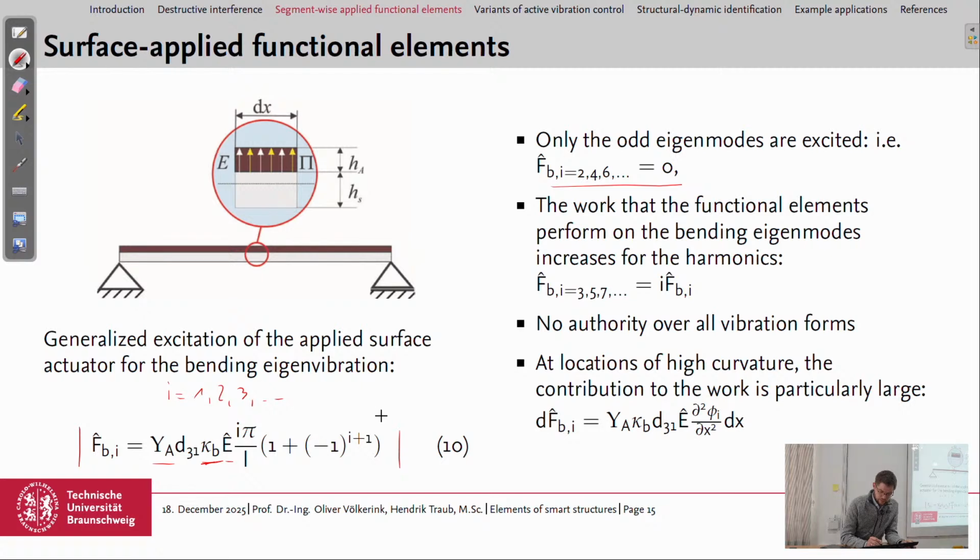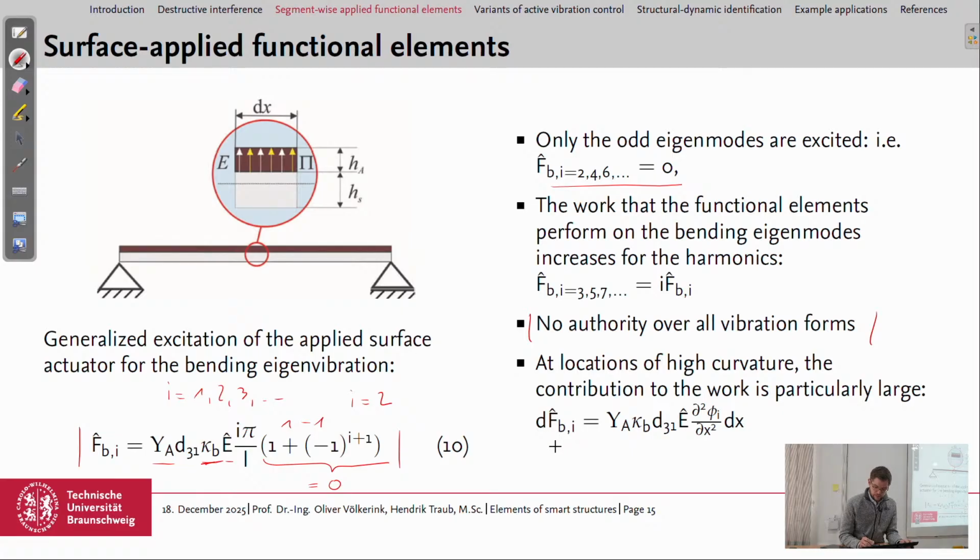Because in this case, if you have, for example, I equals 2, then this one gets 0, and then we have no general excitation at all. Because then we have here 1 minus 1 is 0. So if we apply a surface actuator on the whole surface, we can't calm down the even eigenmodes. We have no authority over all vibration forms.